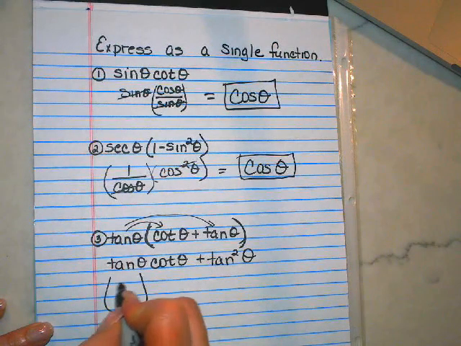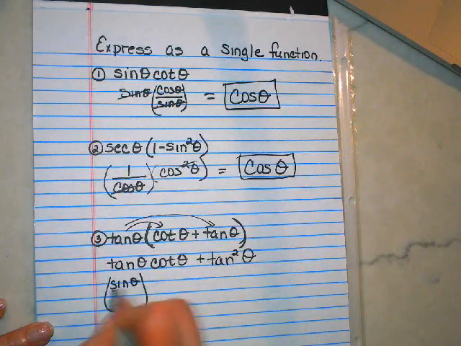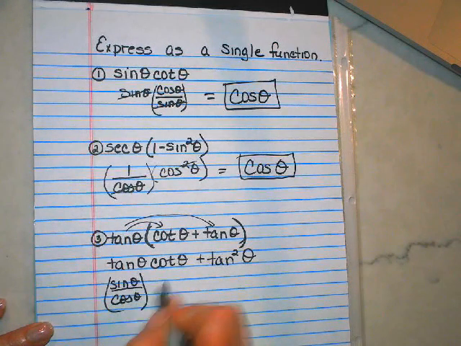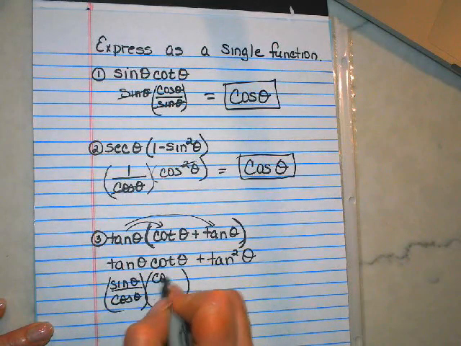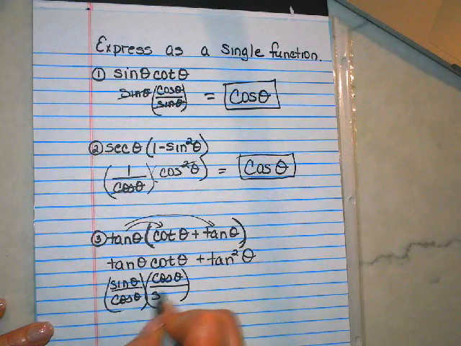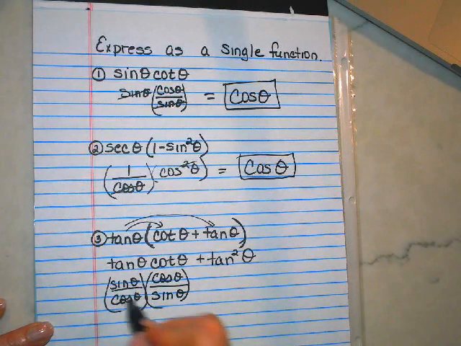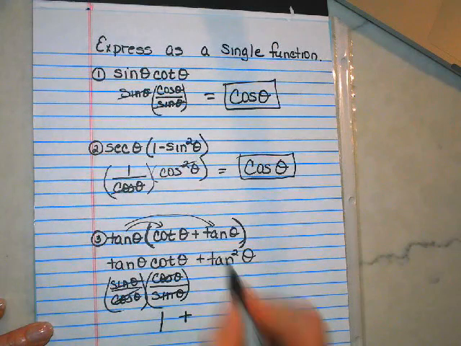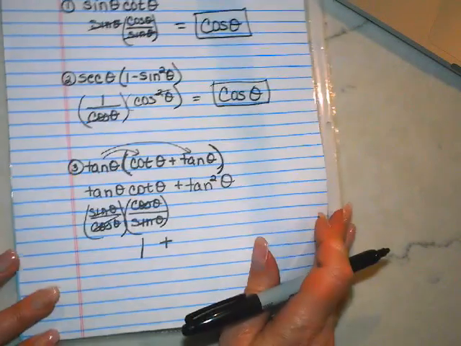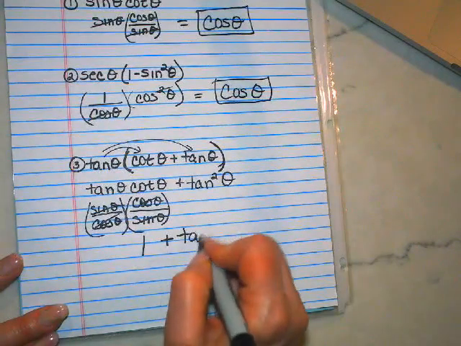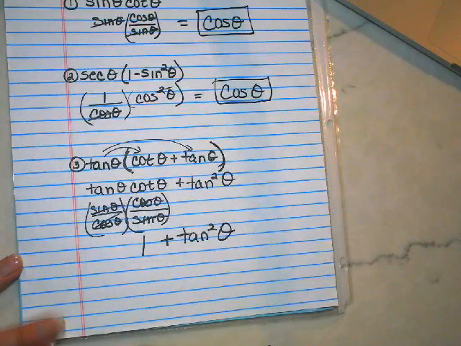This is really going to be sine over cosine. This is really cosine over sine. And what happens very nicely here is everything cancels out, and basically it's 1 plus, I'm going to leave this for a second, as tan squared theta.